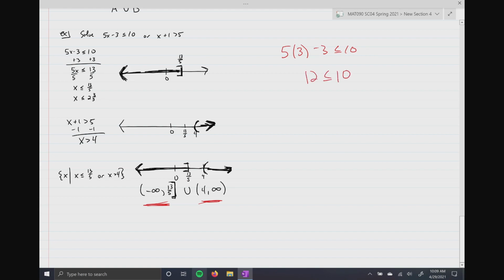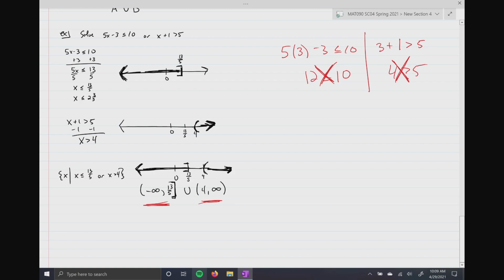Is 12 less than or equal to 10? No. What about the other one? 3 plus 1 is greater than 5. 3 plus 1 is 4. Is 4 greater than 5? No.